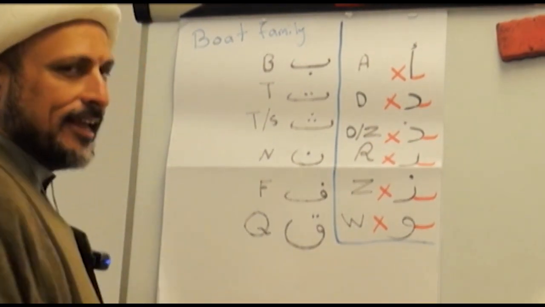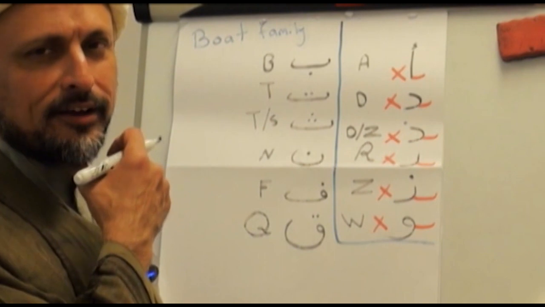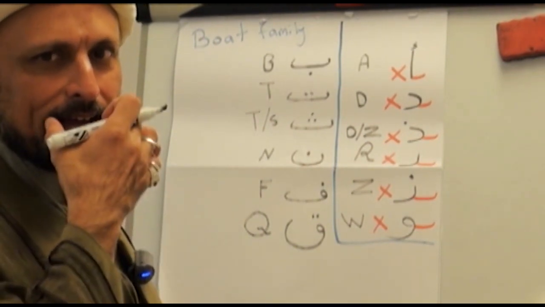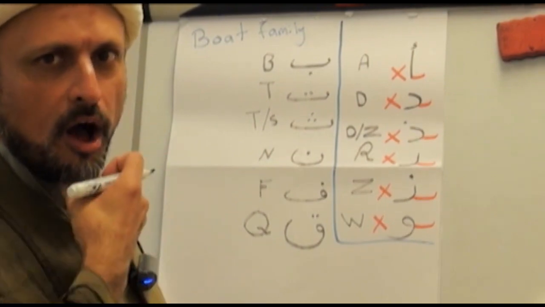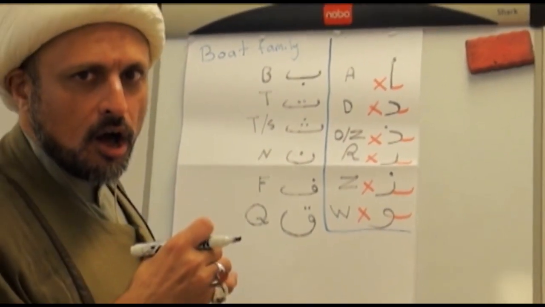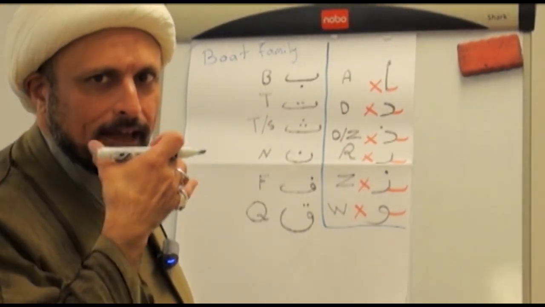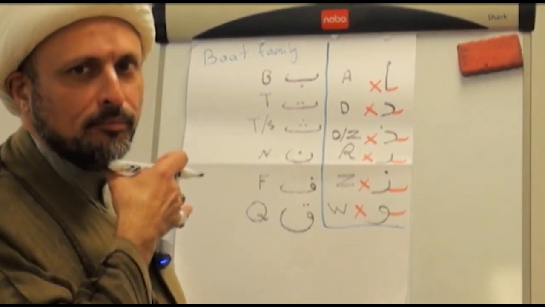Kaf is like a light qa. Qa is a little bit from the throat. Ka is from your two sides. Qa, ka. The sound comes from here, not from here.